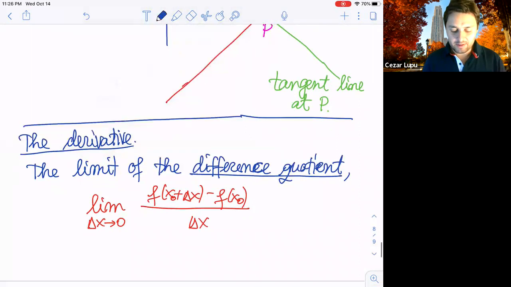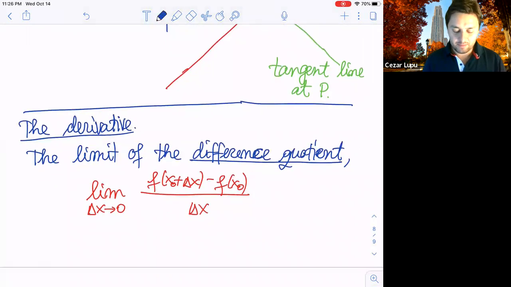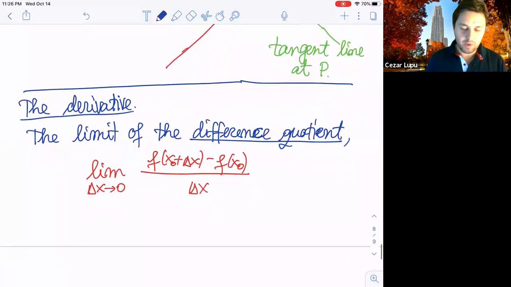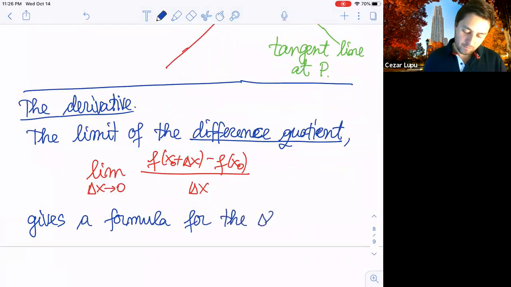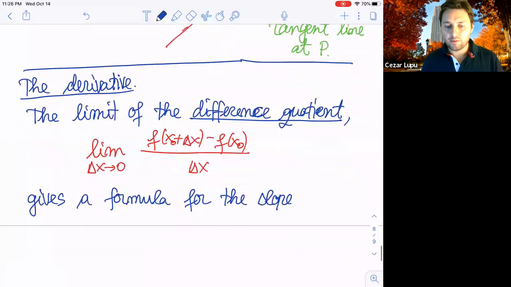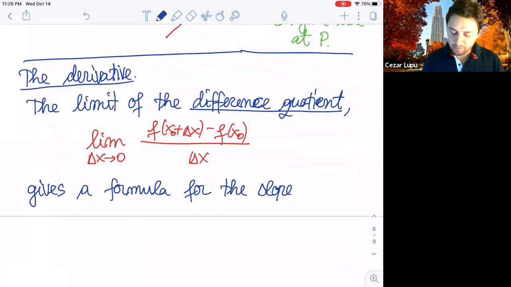Well, the limit of this difference quotient gives a formula for the slope of the tangent line to the graph of f.